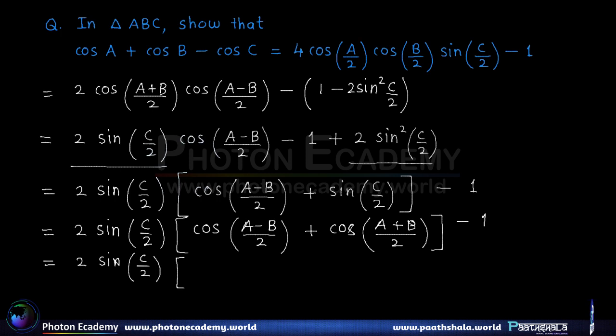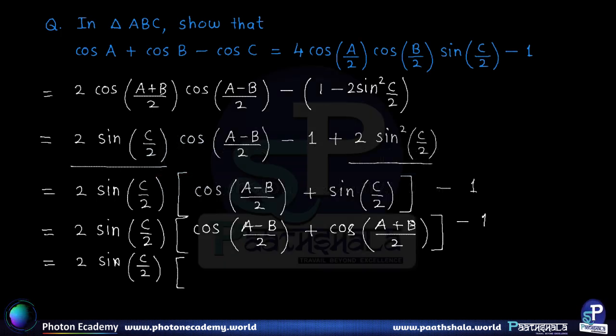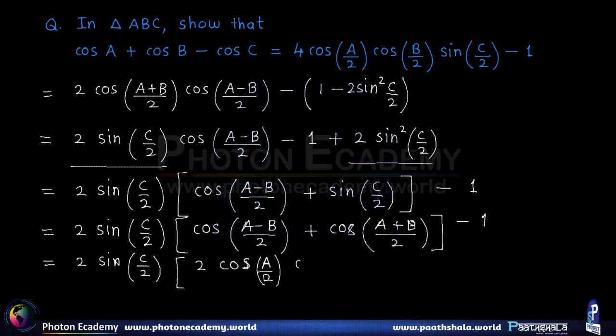in the bracketed term we apply the factorization result, that is cos C + cos D. So that is 2 cos of the sum of the angles upon 2, that gives us A/2 as well as B/2. So once we add and once we subtract, correct? And we know that cos of a negative angle is the same as cos of the original angle.